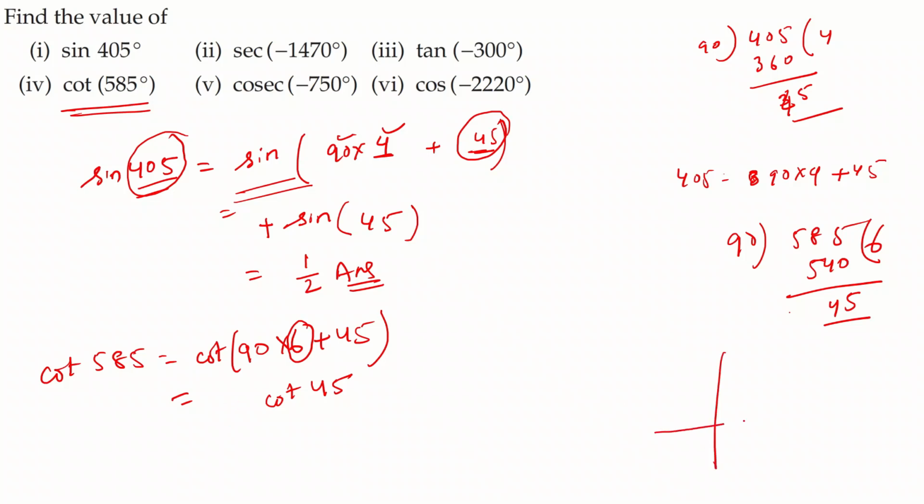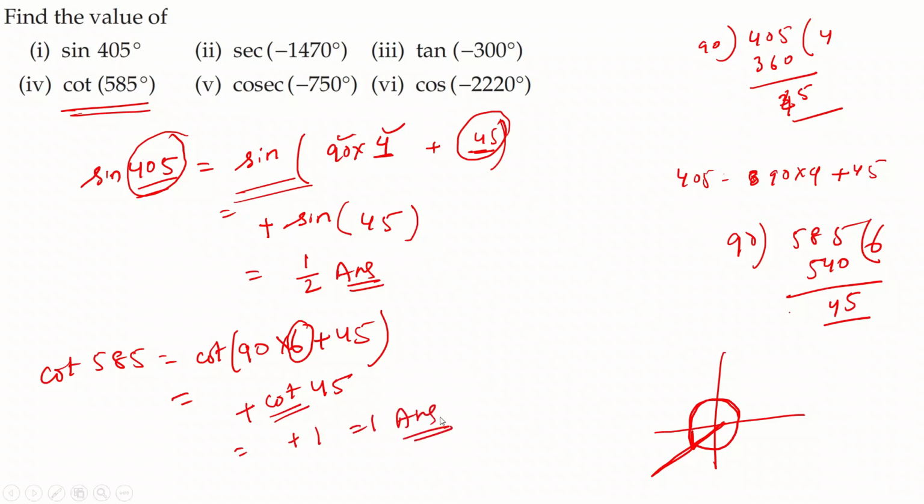So first let's quickly draw our quadrants. 90 times 1, 90 times 2, 90 times 3, 90 times 4, 90 times 5, 90 times 6, and then plus 45 gives you a value in the third quadrant. In the third quadrant, we know that cot is positive, so we have a positive over here. So positive cot 45. What is the value of cot 45? Cot 45 is 1, right? So plus 1 is the answer, or simply 1.